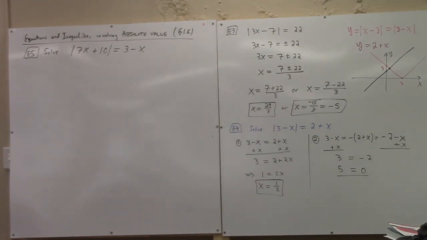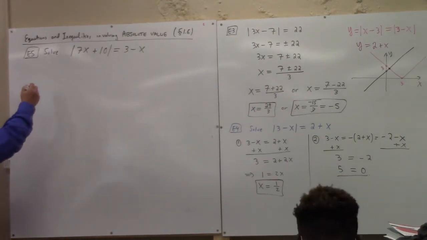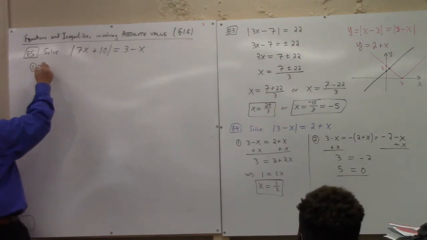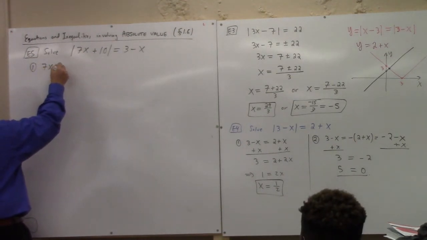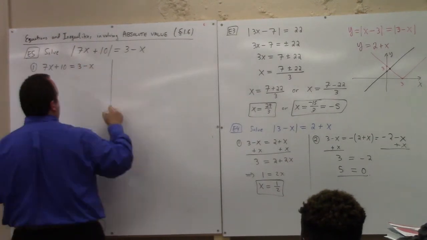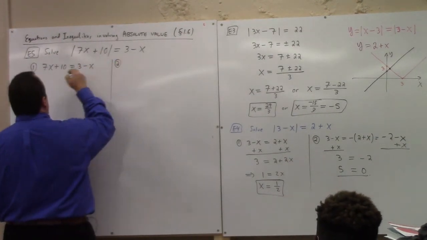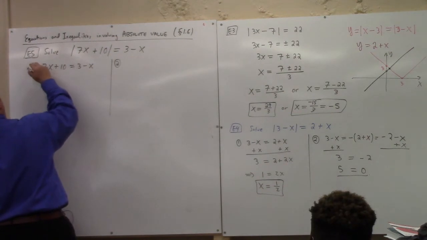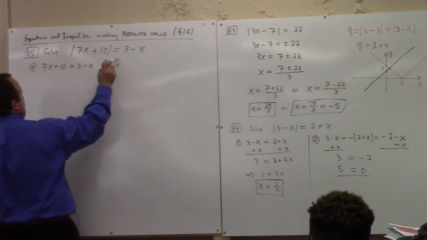All right. So we got 2 cases. We have 2 cases to consider, right? We've got to think about 7x plus 10 equal to 3 minus x, right? And what's the second case? So this was the plus, right? This is the minus.